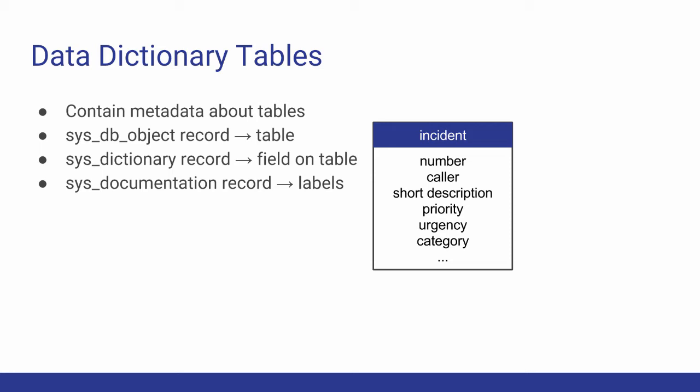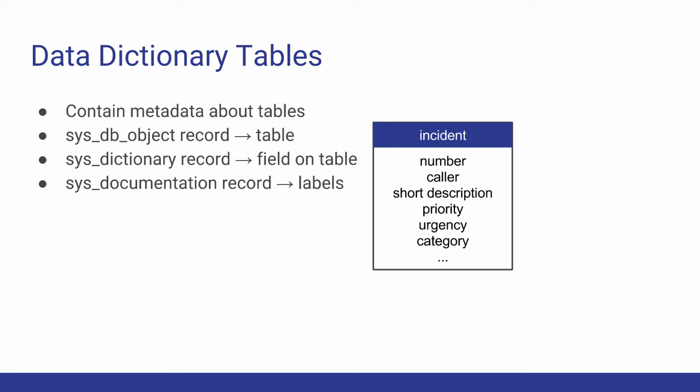Each record in the sys_db_object table correlates to a table in ServiceNow and contains information about the table. Each record in the sys_dictionary table correlates to an individual field on a specific table. Finally, the sys_documentation table contains human-readable attributes for each table, such as the table labels.